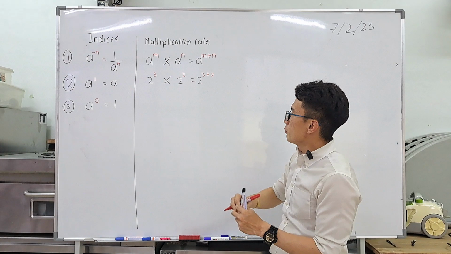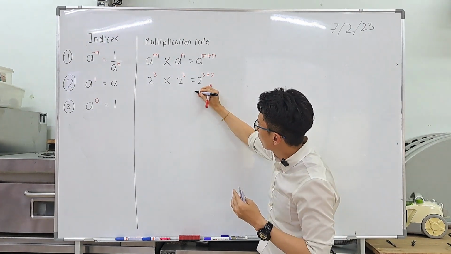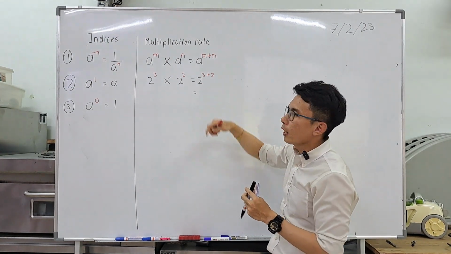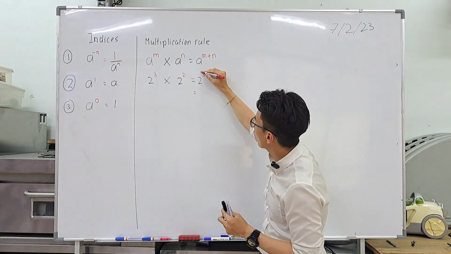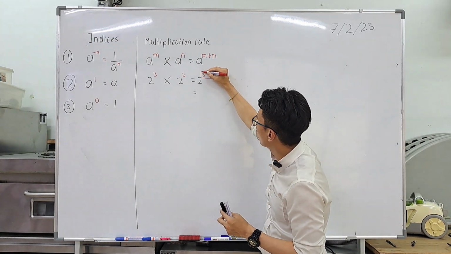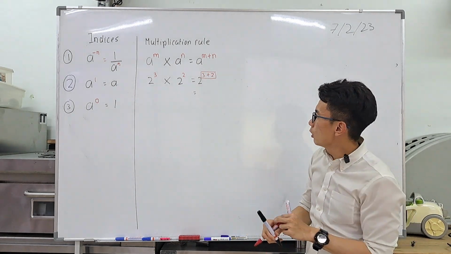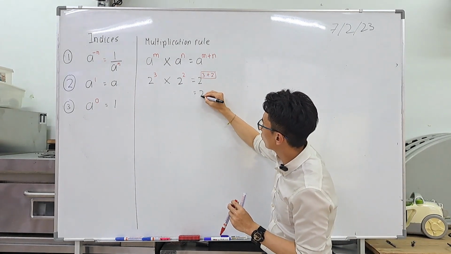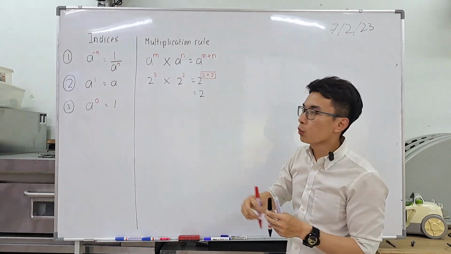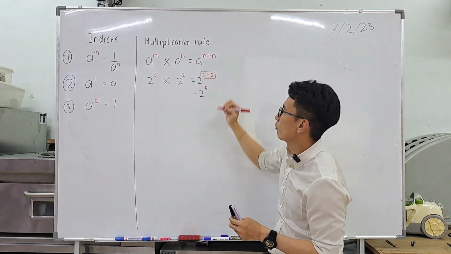After that, I am just going to solve this. I am going to add up the powers as shown in the multiplication rule. So my final answer will be 2 to the power of 5.